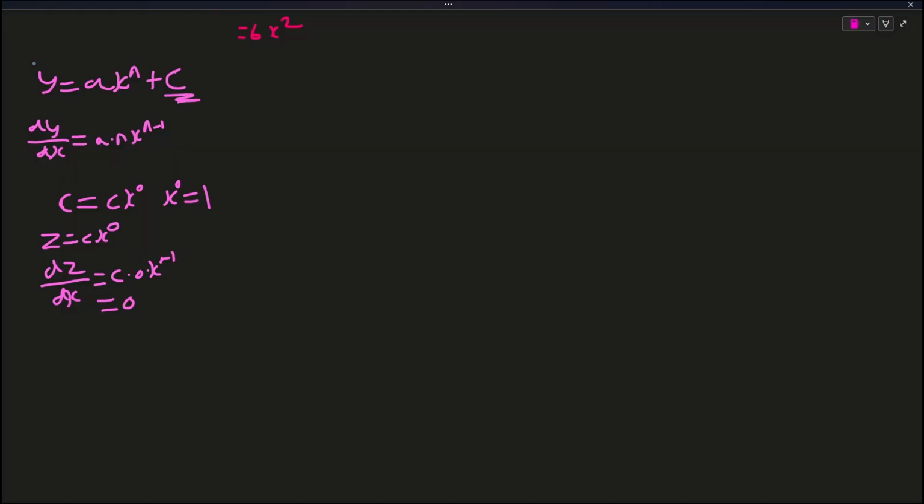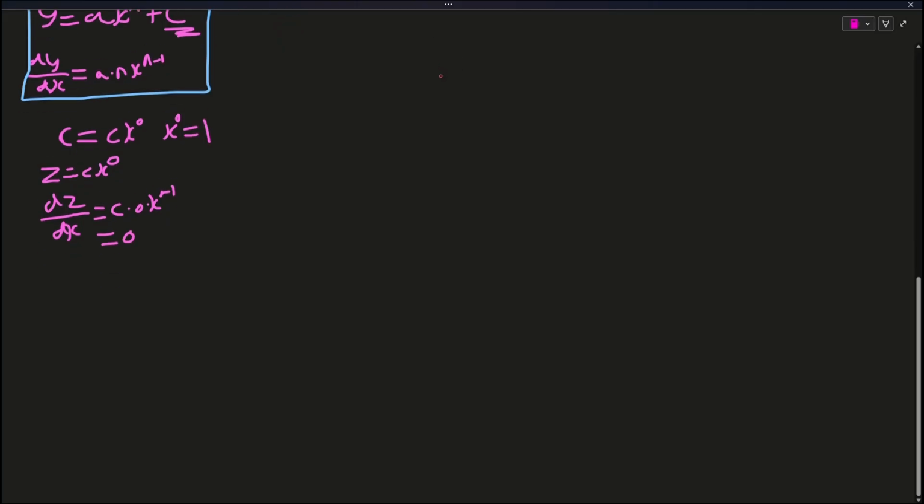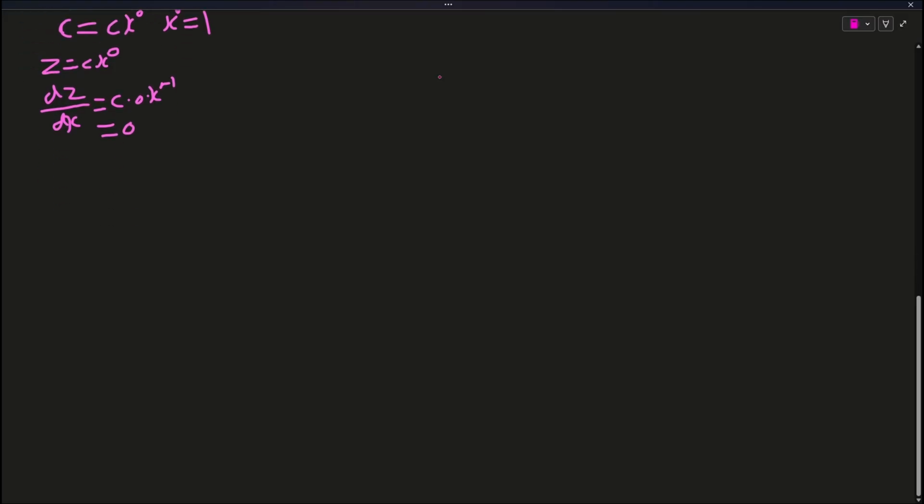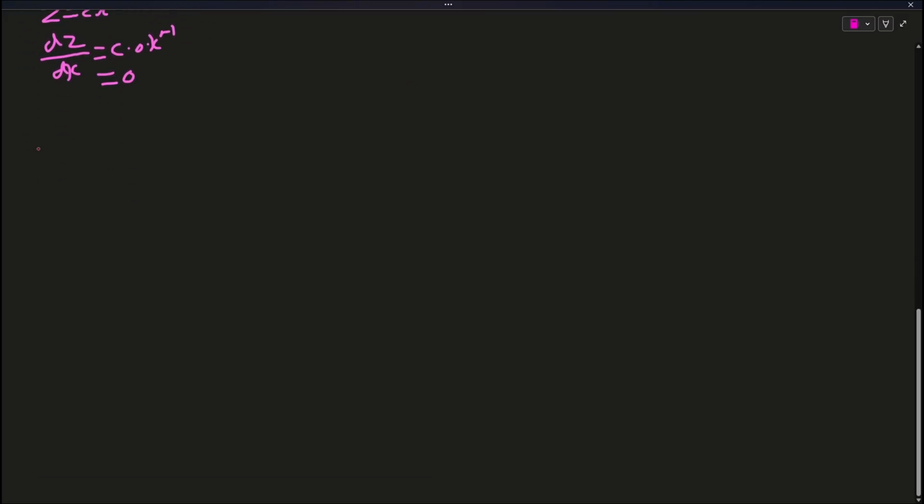So I'm just going to show a quick example with this. So let's say we had a function y is equal to 2.